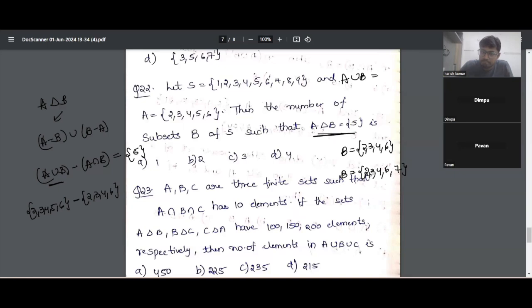What happens if B becomes 2, 3, 4, 6, 7? See, 2, 3, 4, 6 should definitely be there, because we have to remove those values from A. So if B is 2, 3, 4, 6, 7, then A union B will become 2, 3, 4, 5, 6, 7, minus A intersection B, which will become 2, 3, 4, 6.